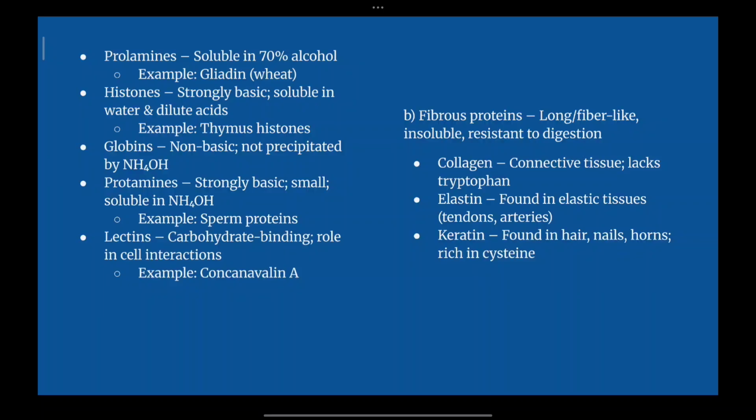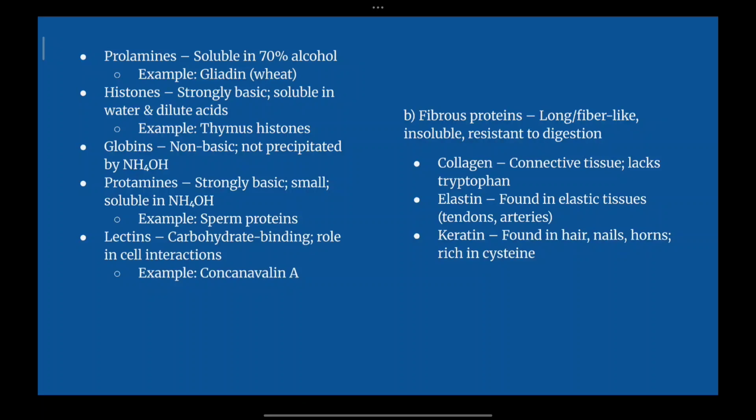Protamines are strongly basic, small, and are soluble in ammonium hydroxide. Examples of protamines are sperm proteins. Lectins are carbohydrate binding and have a role in cell interactions. An example is concanavalin A.